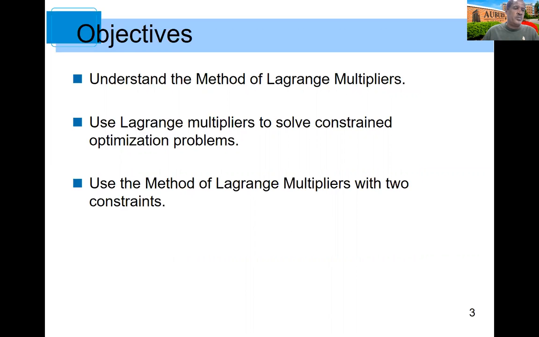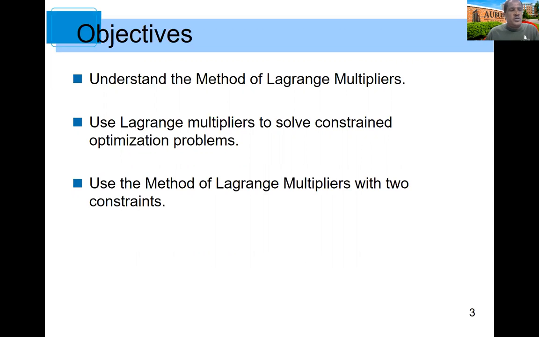Optimization problems are problems regarding maximum and minimum. If you have a problem which uses the maximum and minimum value of a given function, whatever that function is, that is called an optimization problem. And we want to solve that problem under certain constraints.